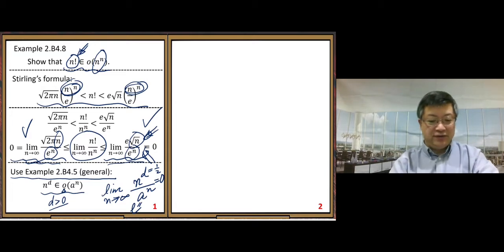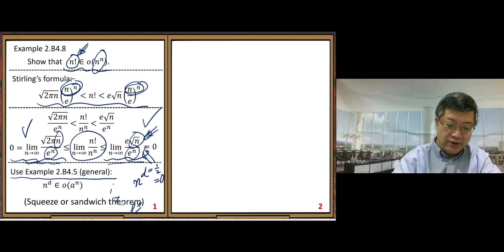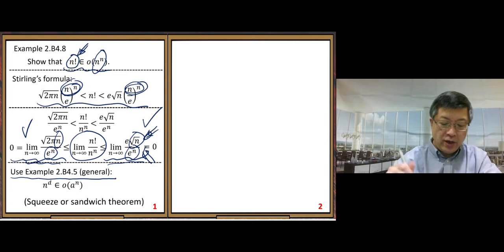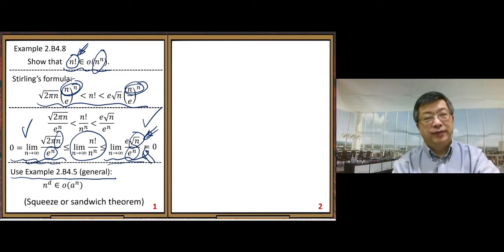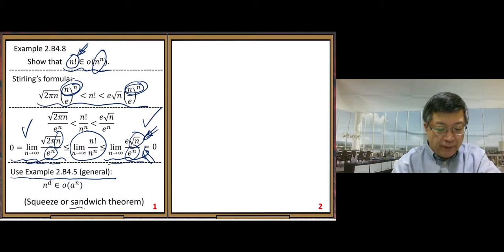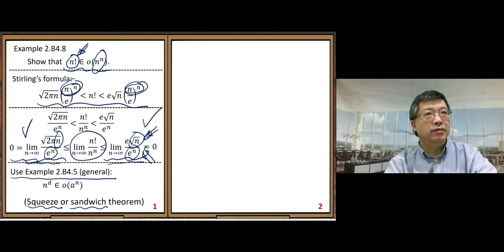Now, the conclusion. Before we make that conclusion, we use a theorem called the sandwich theorem or squeeze theorem. Both names, okay? So you just choose the one you like.